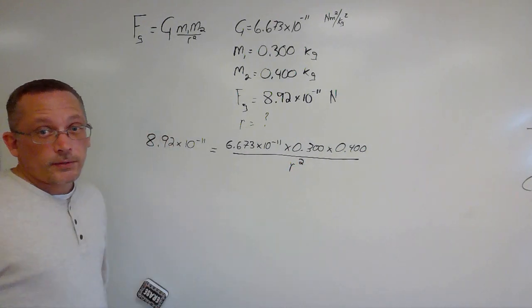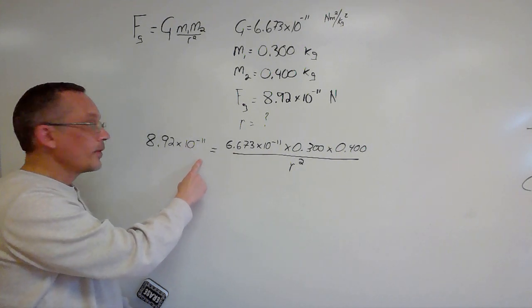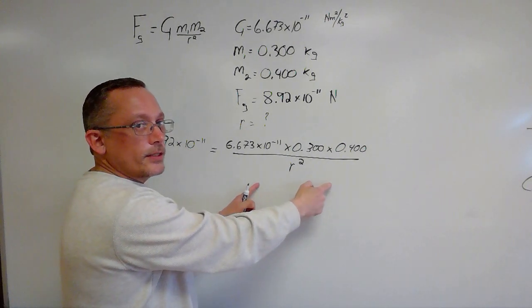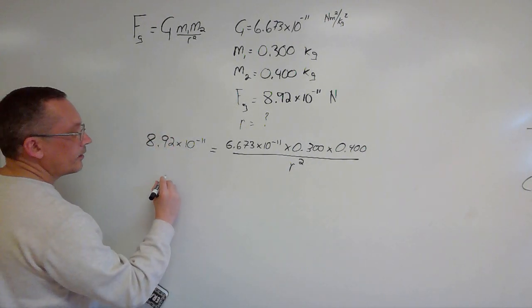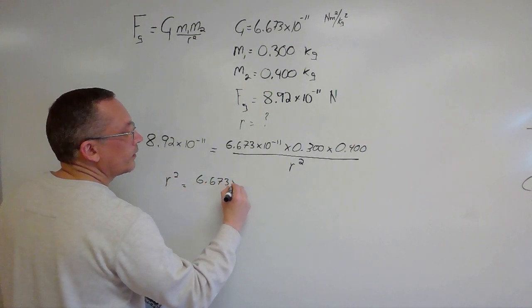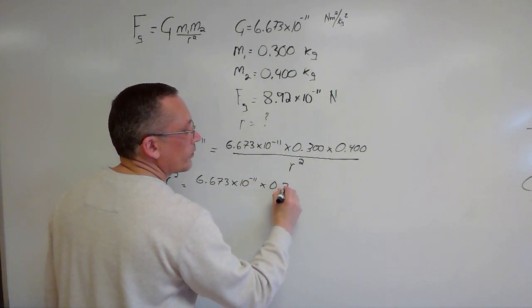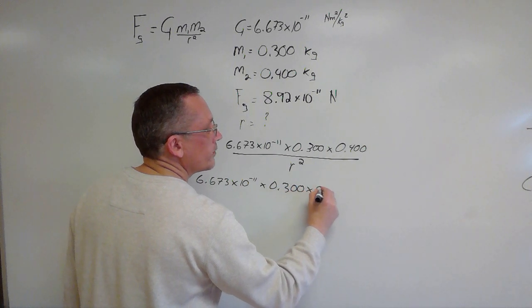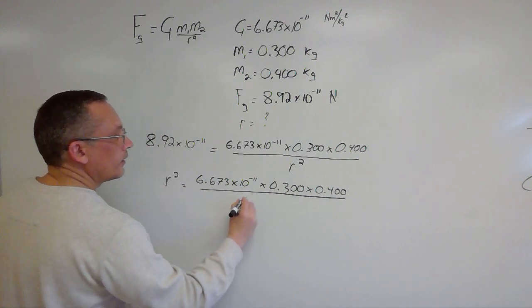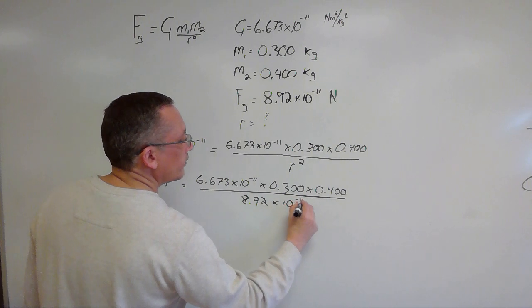Okay, so the first thing I'm going to do to solve this is take my R squared and multiply it to this side. And at the same time, I'm going to take this number and divide it over to this side. So then I will end up with R squared equals 6.673 times 10 to the negative 11th times 0.300 times 0.400 divided by 8.92 times 10 to the negative 11th.